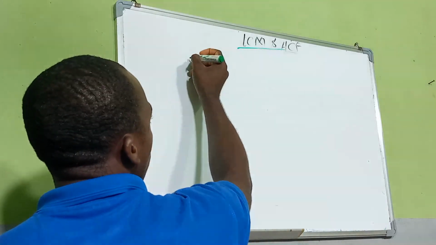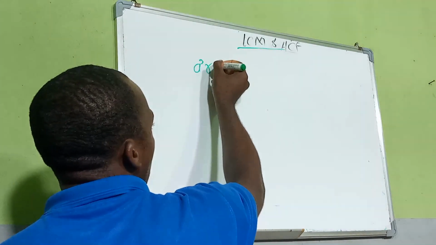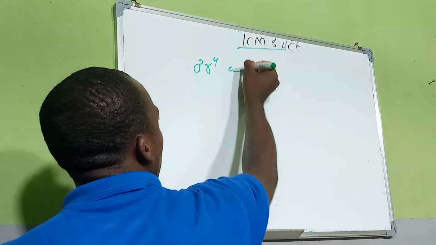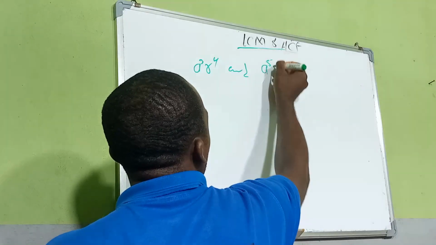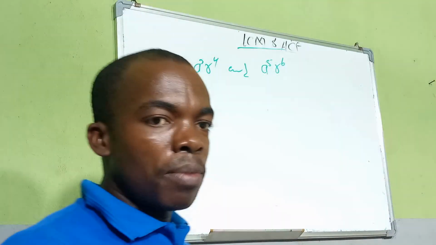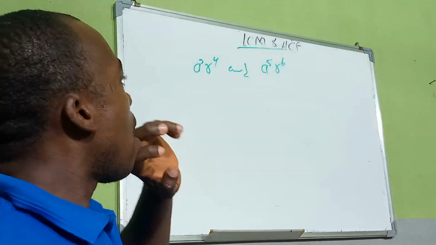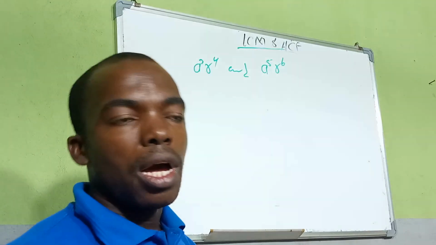Let's see if we are asked to find the LCM of A raised power 3, B raised power 4, and A raised power 5, B raised power 6, something like this. Are you seeing this?